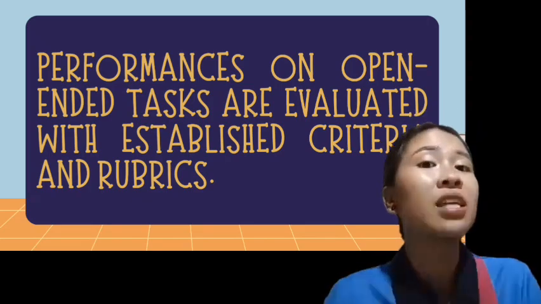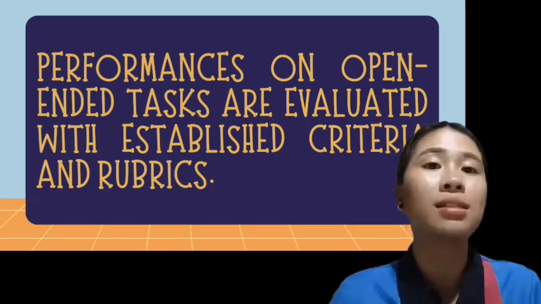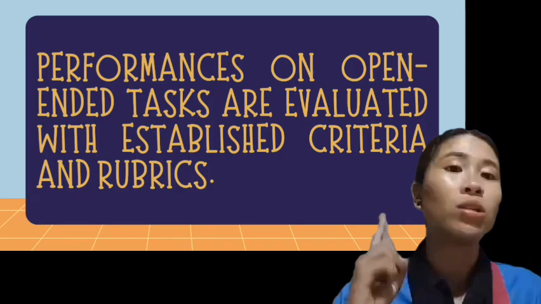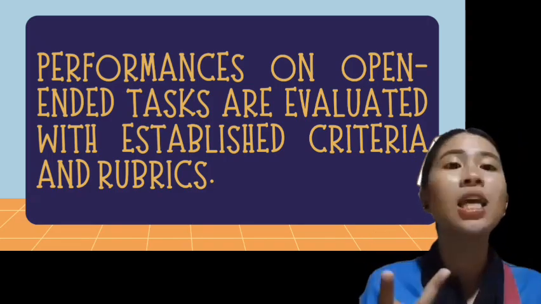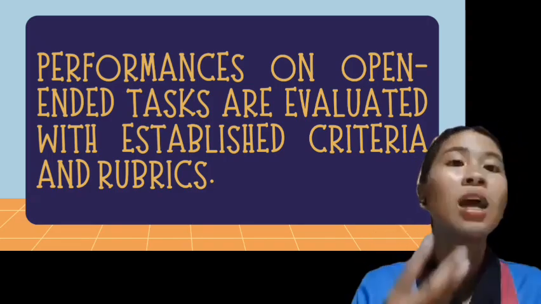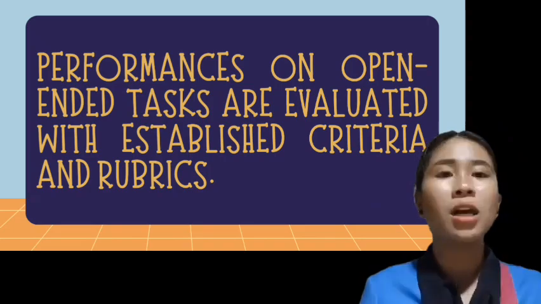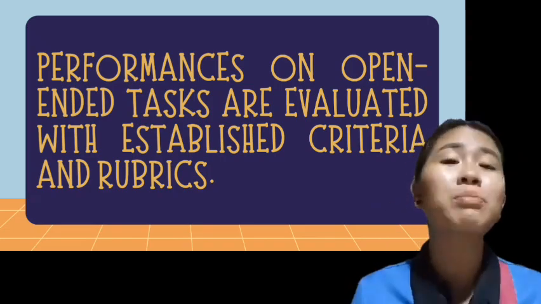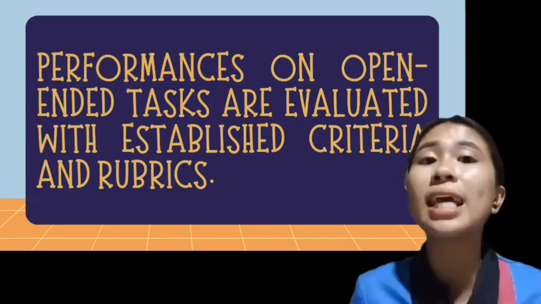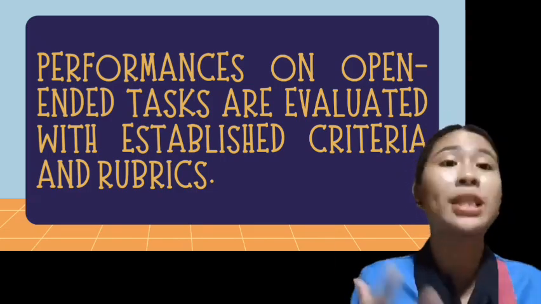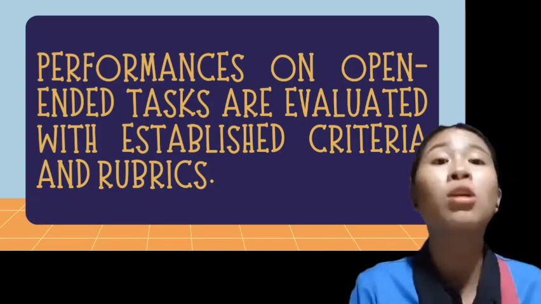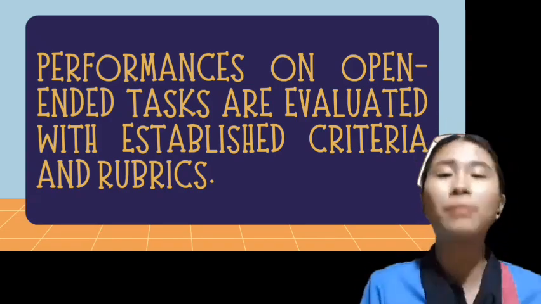Criteria are the specific elements or aspects of the task that will be evaluated, such as content knowledge, creativity, problem-solving skills, or critical thinking. Rubrics, on the other hand, are scoring guides that provide a clear and detailed description of each criterion and the different levels of performance that correspond to each score.